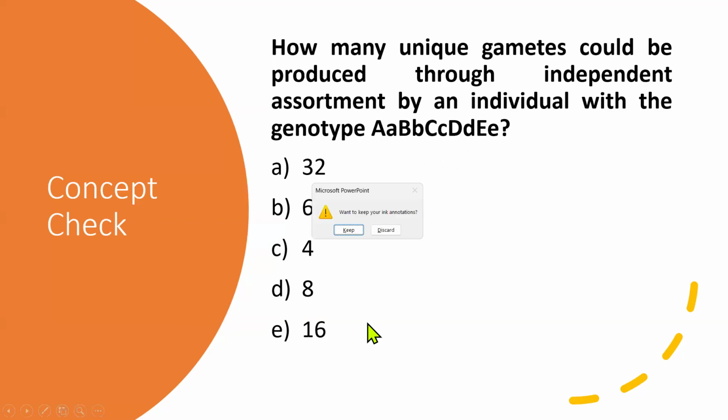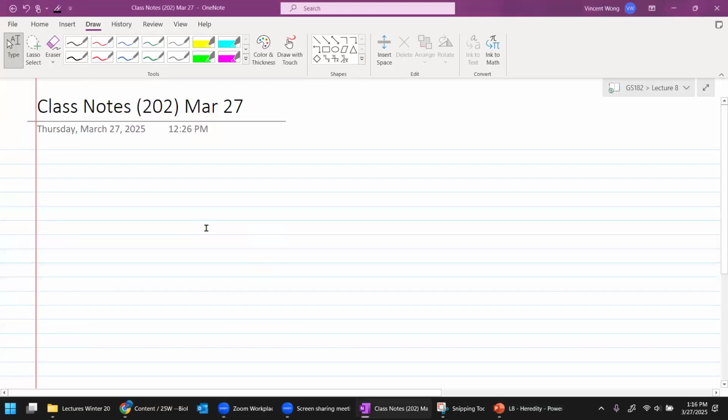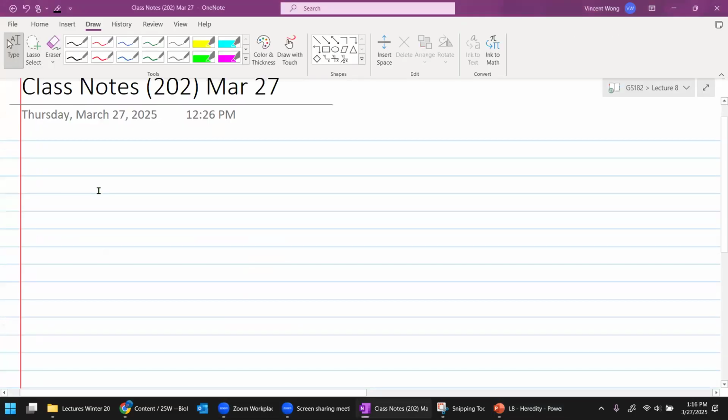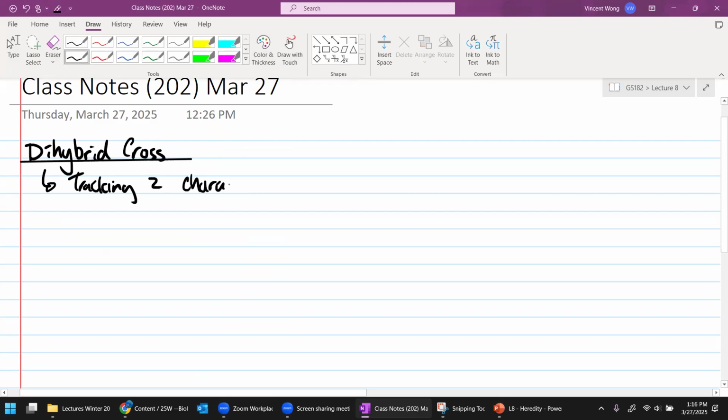All right, we're going to take a note now. A dihybrid means we are tracking two traits, two characters, at the same time.